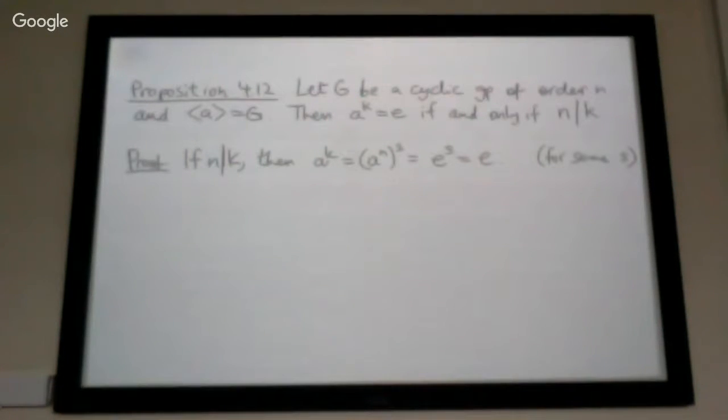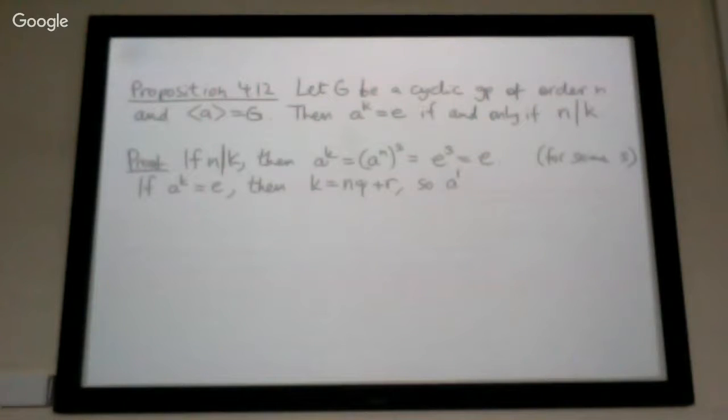And the other direction, if a to the k is e, the identity, then we can divide k by n, and we get k is n times q plus a remainder r, again, division.